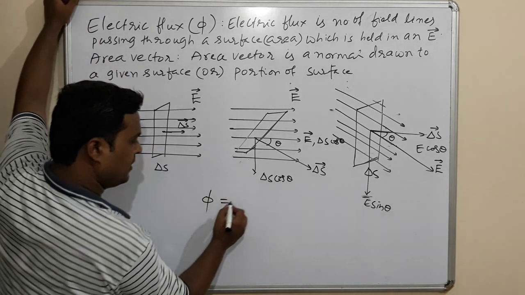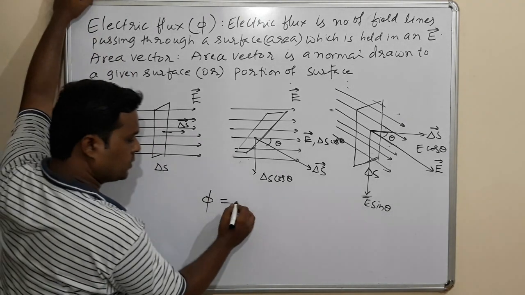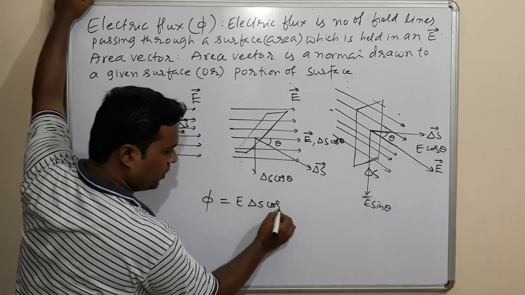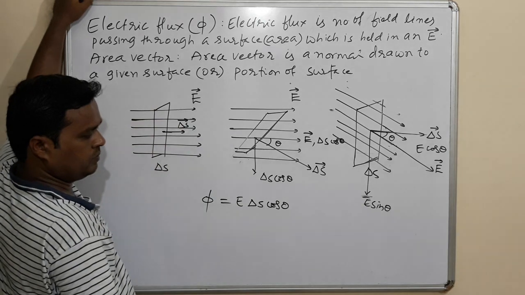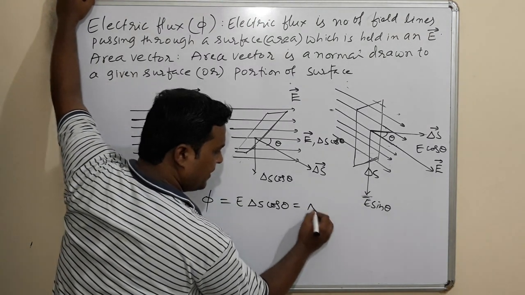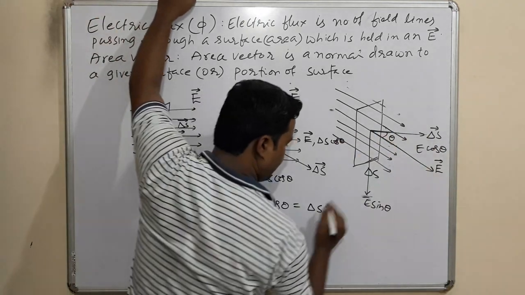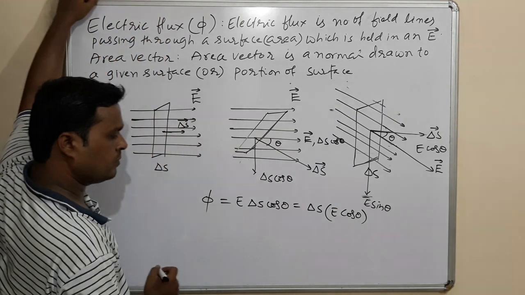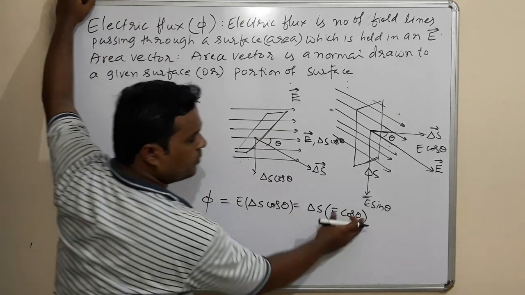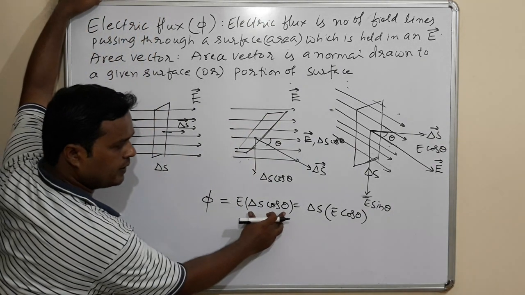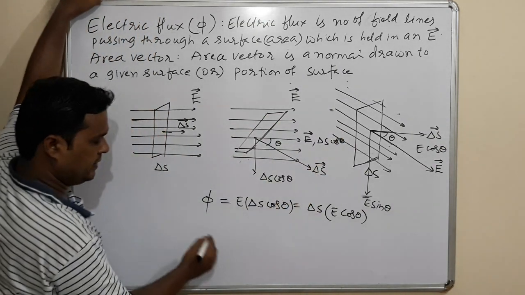That means the total number of lines passing through this surface can be expressed as E delta S cos theta, or it is also expressed as delta S, keeping it as it is, times E cos theta. This is the component of the electric field which is along delta S. This is the component of the area vector along the field.